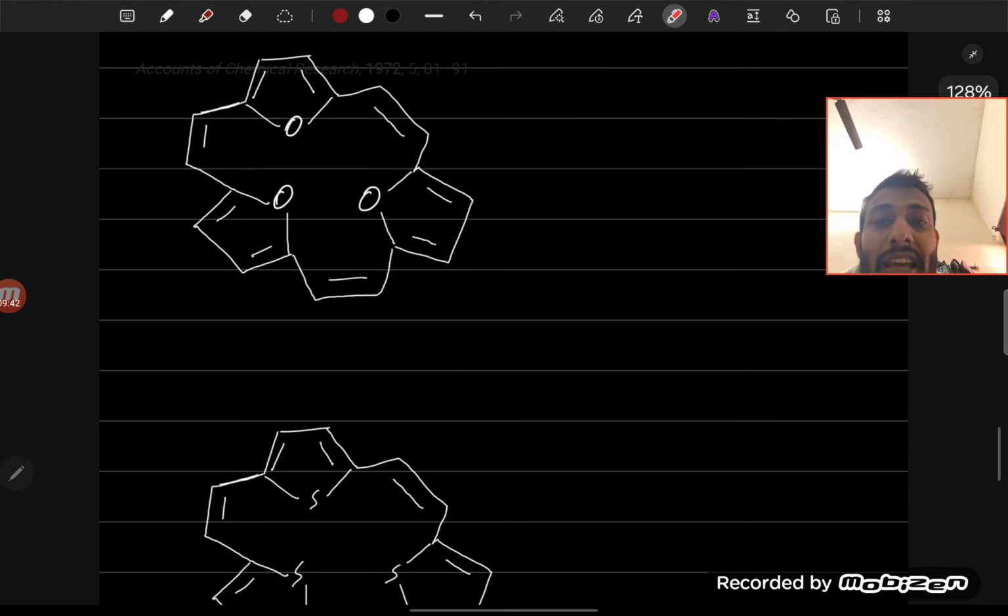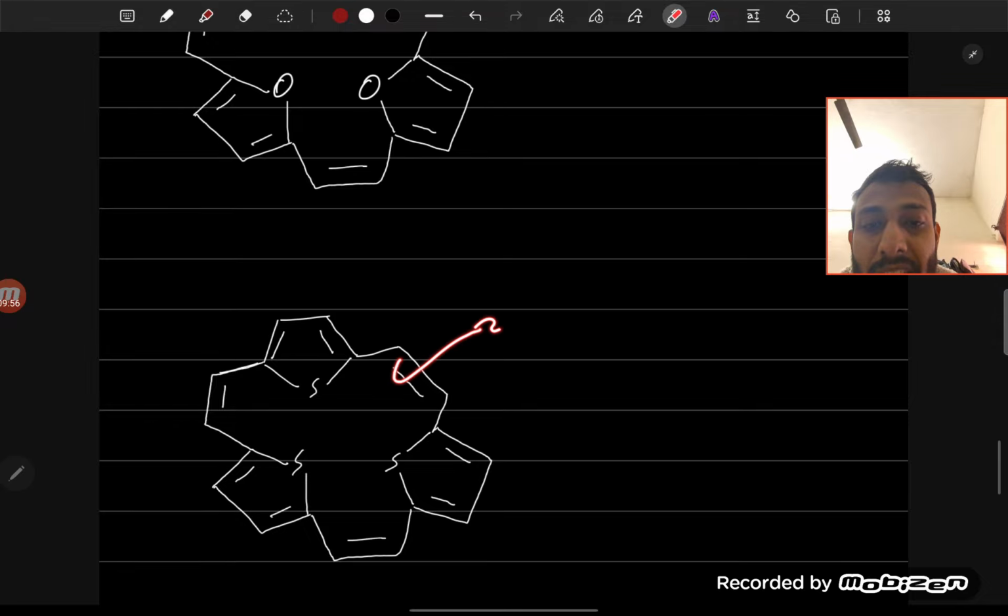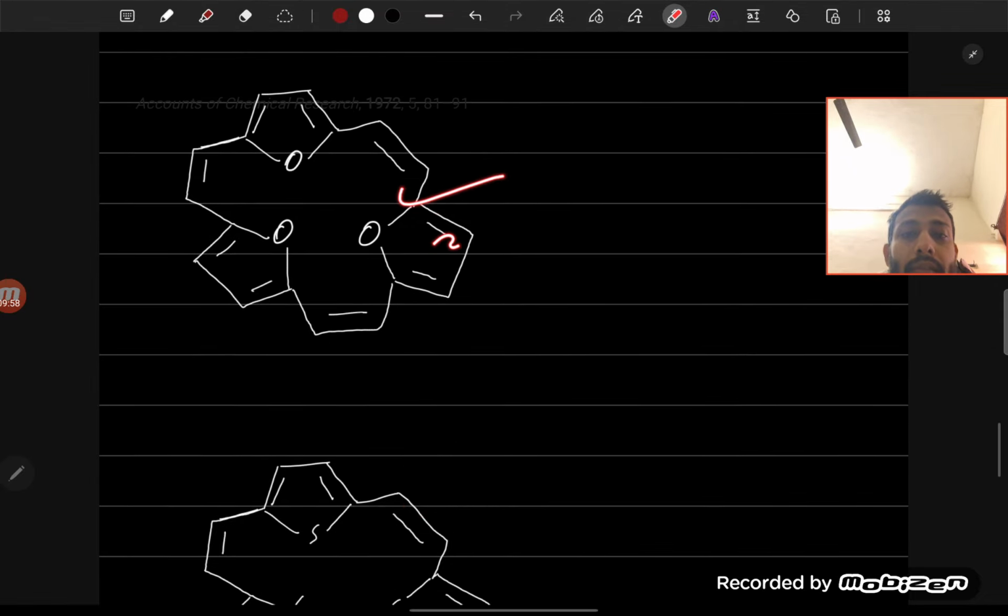Okay, let me explain a very classical example of peripheral resonance and the cavity repulsion. So this compound is a thiophene annulene, and this is a furan annulene. Okay.